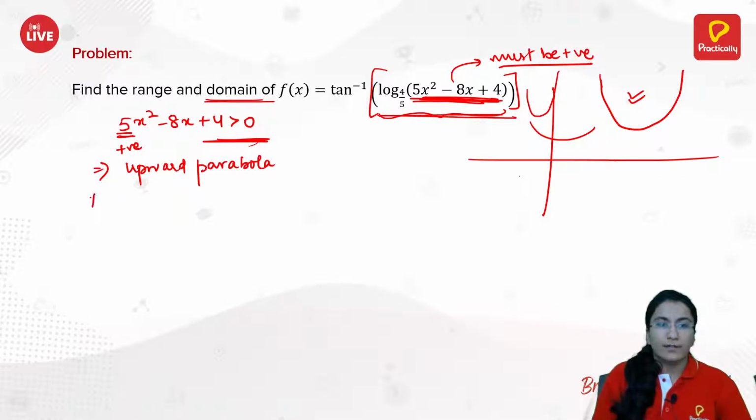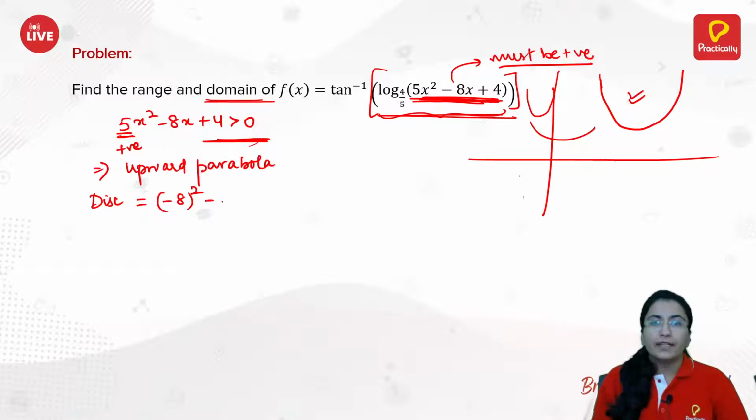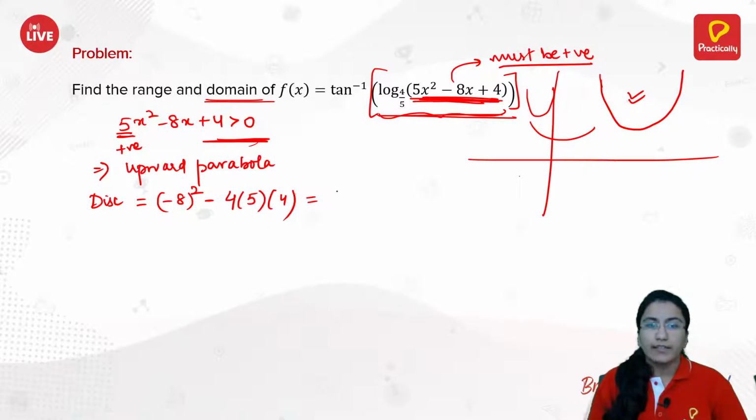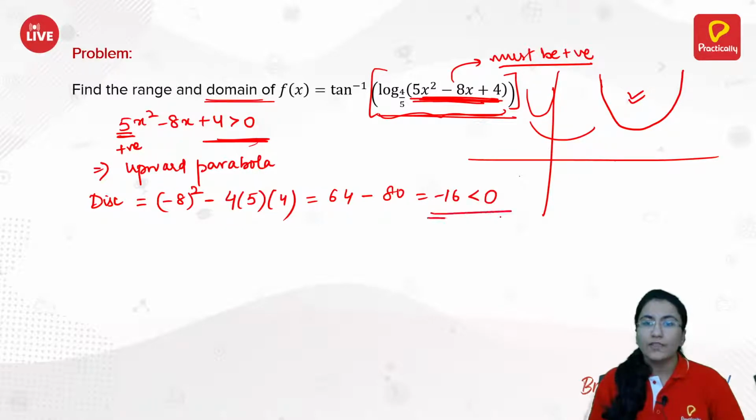The discriminant is minus 8 square, that is b square, minus 4ac. This is 64 minus 5 into 4, 20 into 4, 80. This equals minus 16, which is always negative.